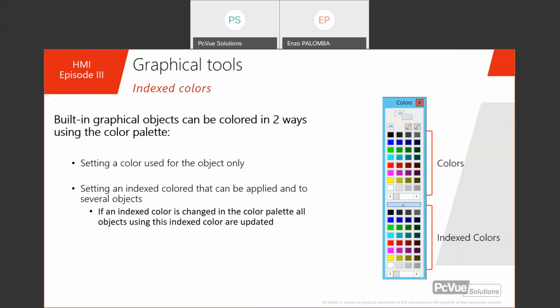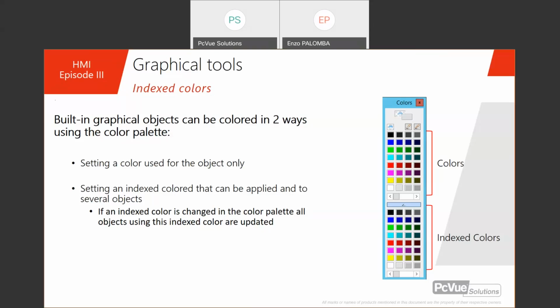But there's also a second type of color palette that we call the indexed color palette. This palette is specific in the sense that if you apply an indexed color to an object, and then change the color itself in the indexed color palette, all the objects using this color will be changed as well.